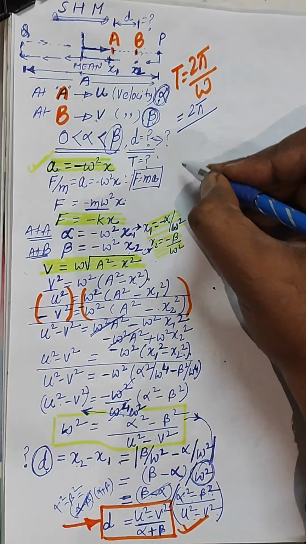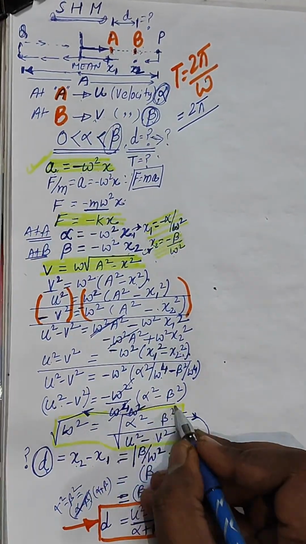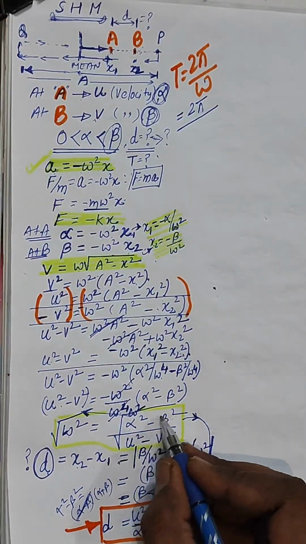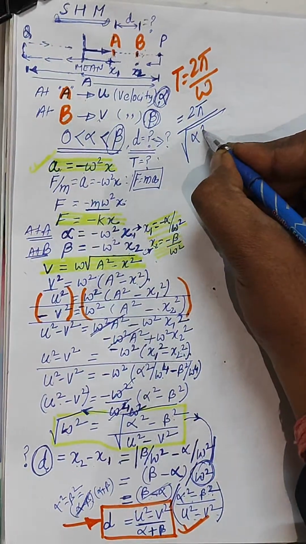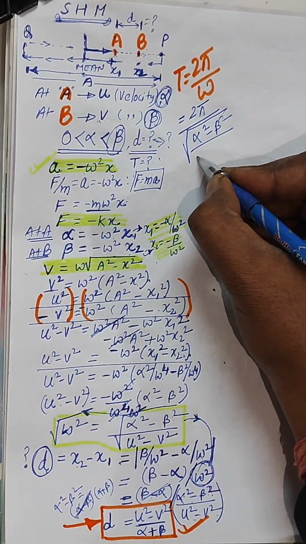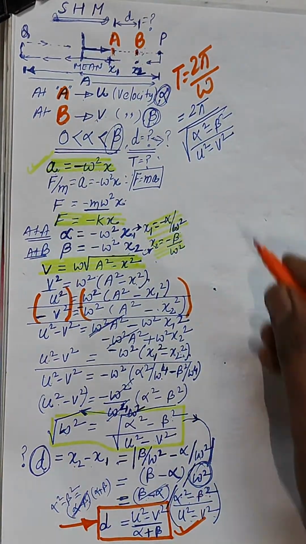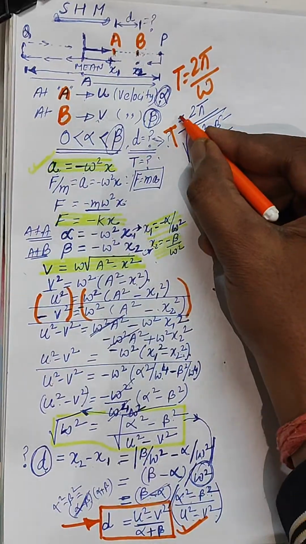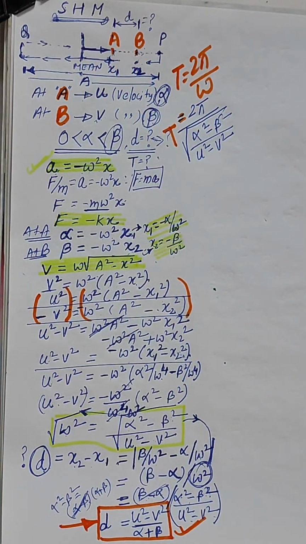Then omega will be equal to, if you take the root over both the sides, root over alpha square minus beta square divided by u square minus v square. So this is the value of omega for the body exhibiting SHM in the given condition, right?